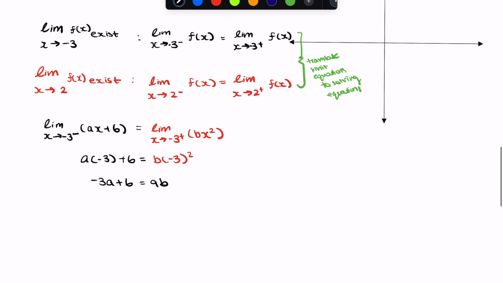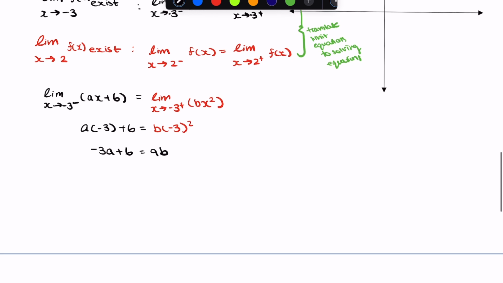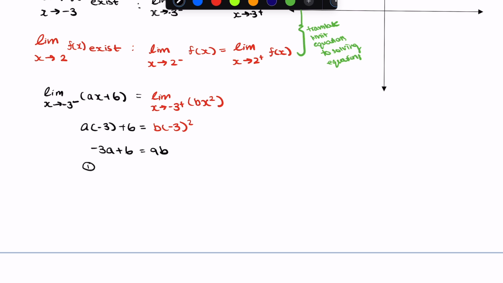And here we can divide everything by -3. So our first equation here will be a minus 2 is equal to -3b.